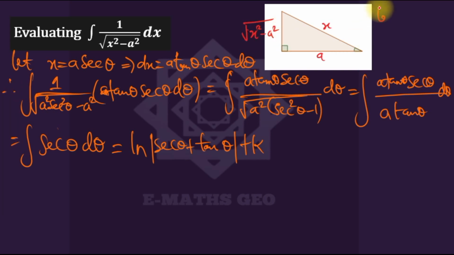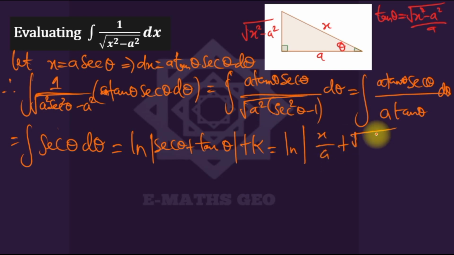So that tan theta, this is theta, tan theta is the square root of x squared minus a squared over a. So we substitute, this is now ln of sec theta, which is x over a, while tan theta is the square root of this over a, plus k.